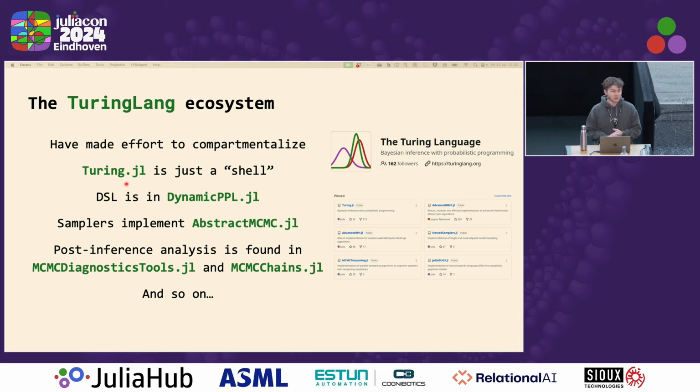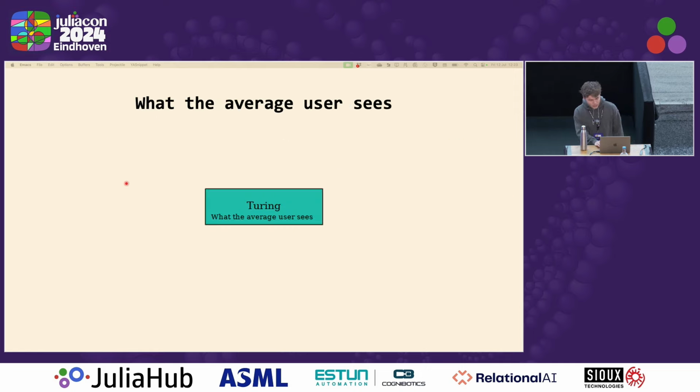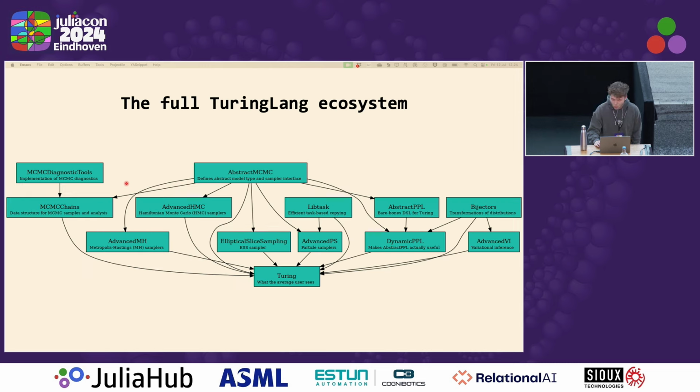Just so people are aware, if you don't want to work with Turing.jl, there still might be useful packages that we're actively maintaining that you might find useful for your problem. So all in all, this is what the average user of Turing.jl sees, just the Turing.jl package. This is really more what the TuringLang ecosystem looks like. This is not actually quite it; there are probably a bit more of them.